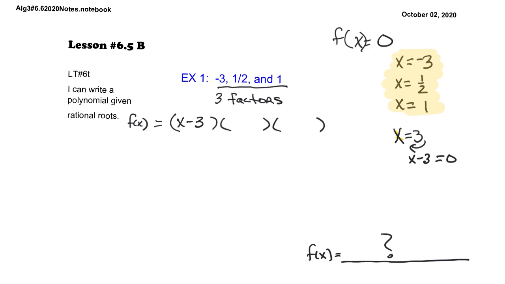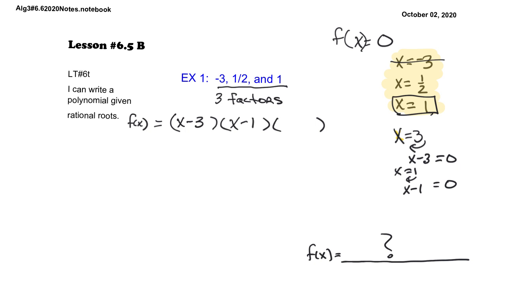I got that one taken care of. I'm now going to do the 1. If x equals 1 and I want it to equal 0, I would have to bring the 1 over and I would have x minus 1. That's my second factor.